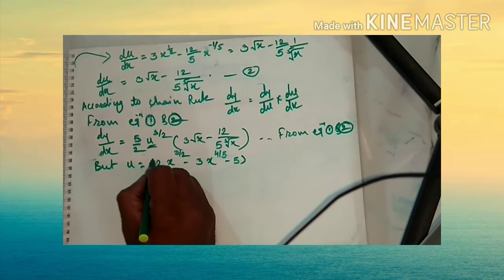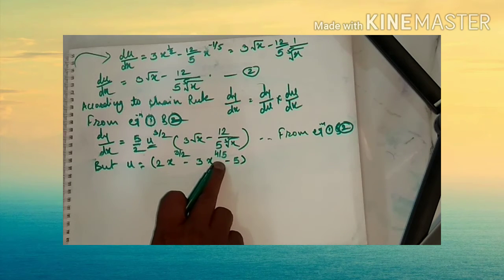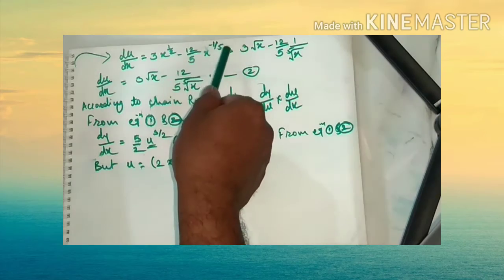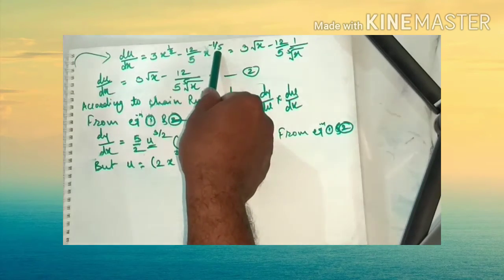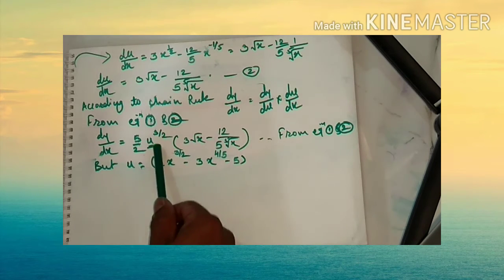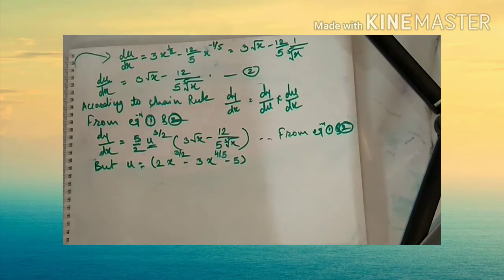I have altered. In the book here it is 4 by 3, but purposefully I have taken 4 by 5 so that you can deal with the concept of x raised to minus. If the exponent power of x comes minus, then what happens? So we will replace this u by these terms.